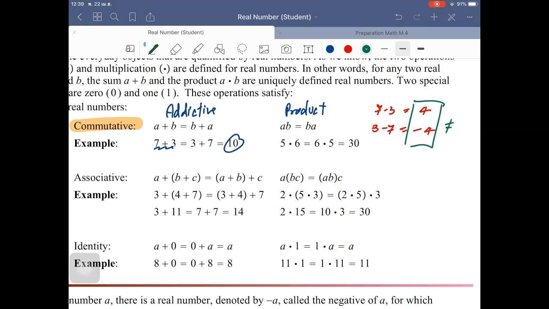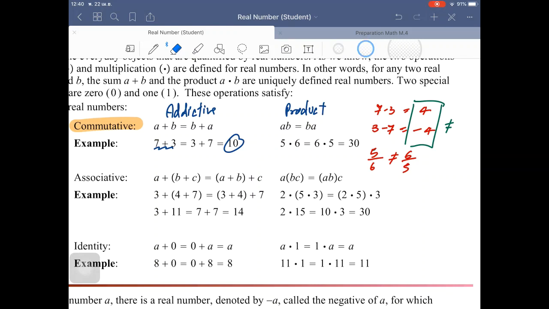And about divisions, 5 over 6 is not equal to 6 over 5, isn't it? So the commutative properties can be done only in the case of addition and products, okay? But divisions and subtractions are impossible.